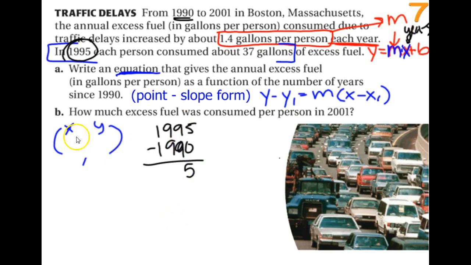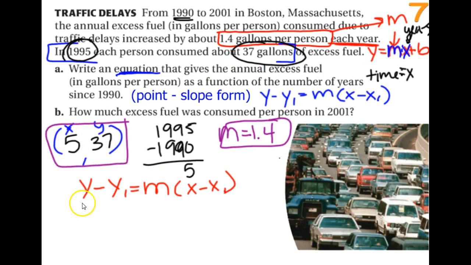So our years is x, because it's gallons per person per year. Also time. Anytime you have a time, it's always going to go on your x-axis. Just a hint there. But x is going to be 5, and then y would give us our total number of gallons of fuel that we used, which was 37.